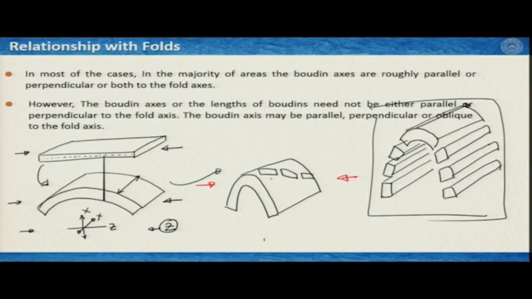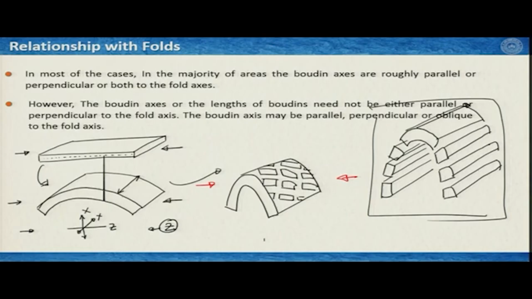I am just giving you a rough idea. Now, we will learn about these processes soon in a different way, but the Boudin axis, or the length of the Boudins, need not be either parallel or perpendicular to the fold axis.